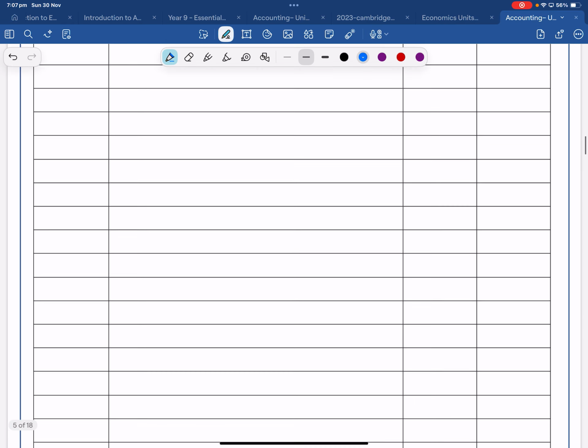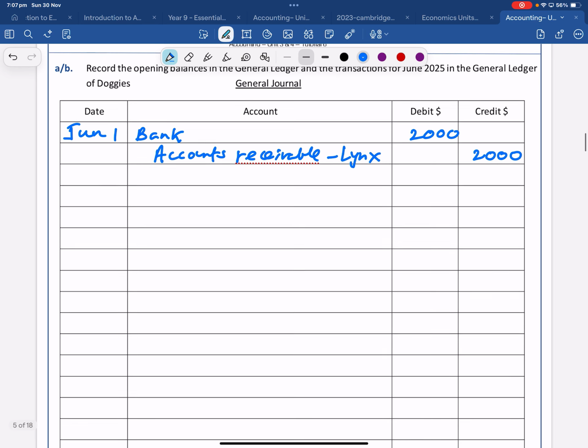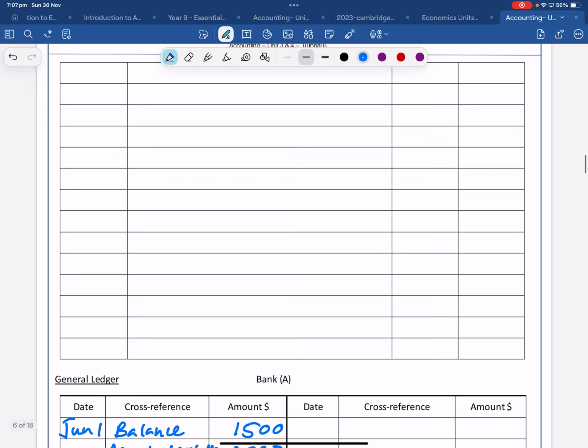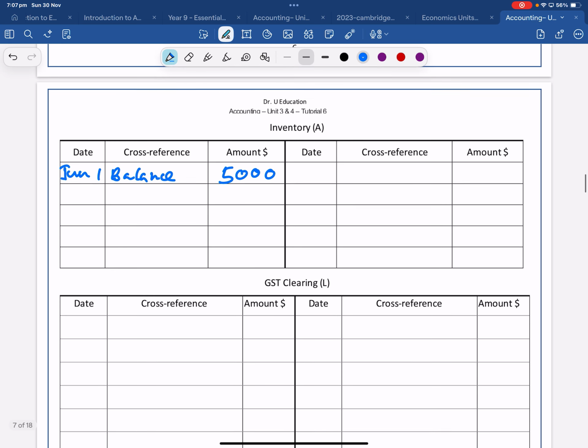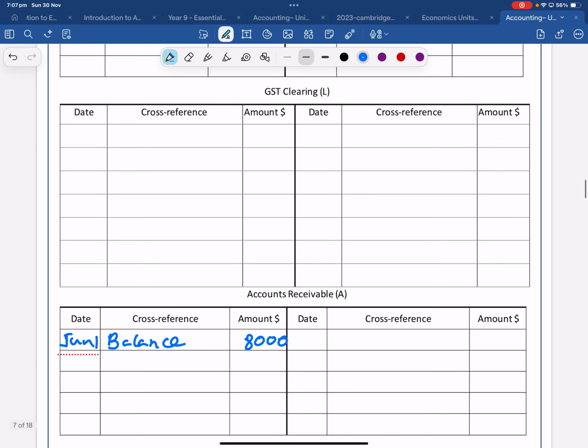This one we have to write the name of the one. Yeah, accounts receivable hasn't been named. So June 1st again. Bank 2000. We are crediting.